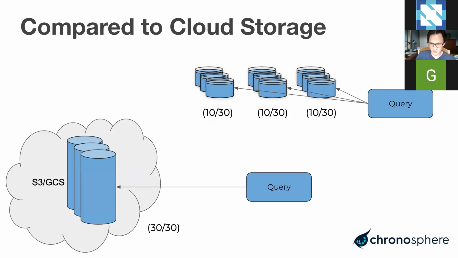And just to compare that benefit to some alternative monitoring solution strategies, imagine a solution that is putting all of the data into some long-term cloud storage like S3 or GCS.